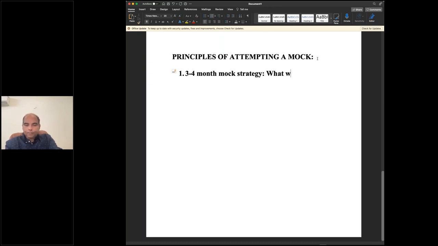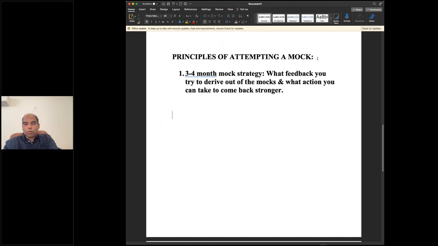What feedback you try to derive out of the mock, and what action you can take to come back stronger, so to say. So that's one dimension of what I want to talk about.